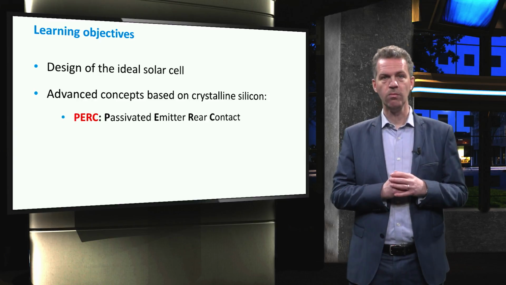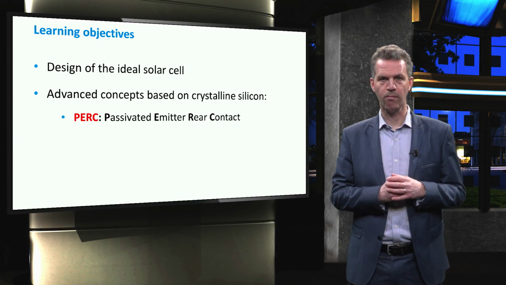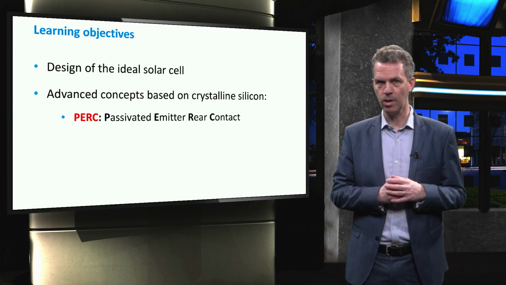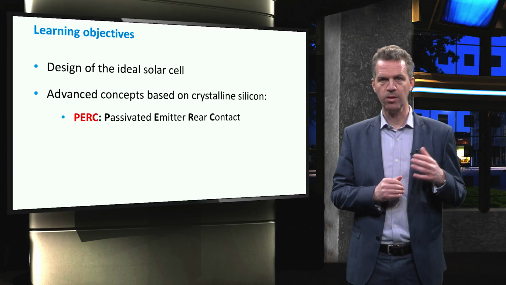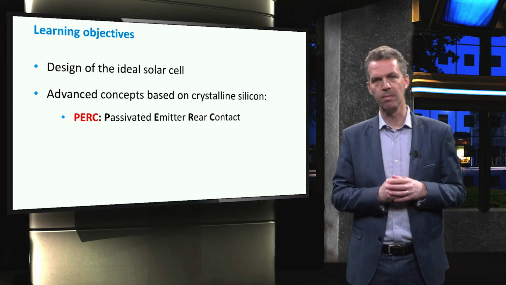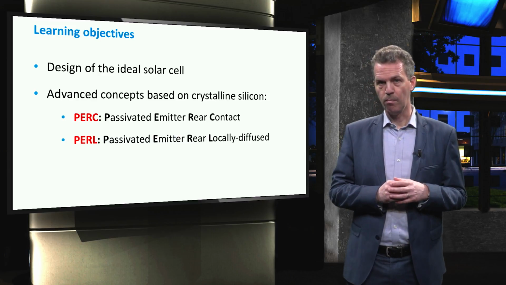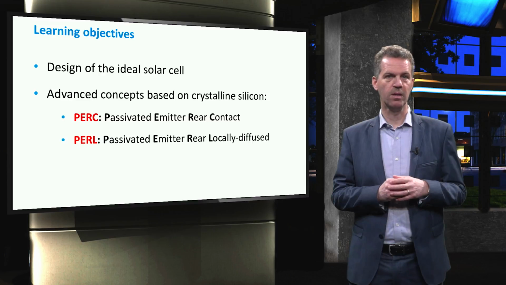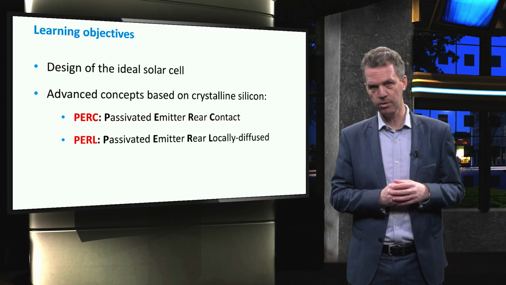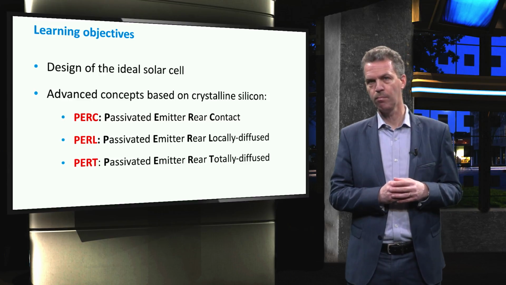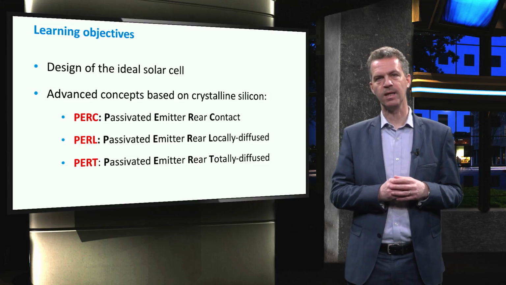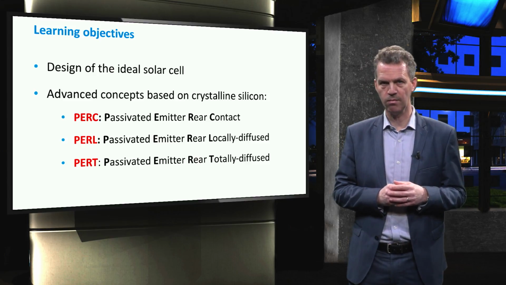In this video we will discuss the series of passivated emitter and rear solar cells, starting with the PERC, the passivated emitter rear contact cell. Secondly, the PEARL or passivated emitter rear locally diffused cell, and finally PERT or passivated emitter rear totally diffused solar cell.